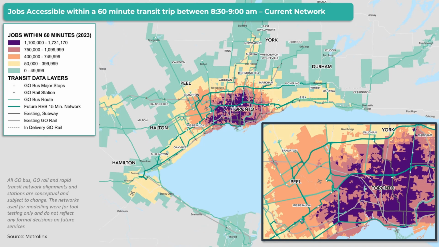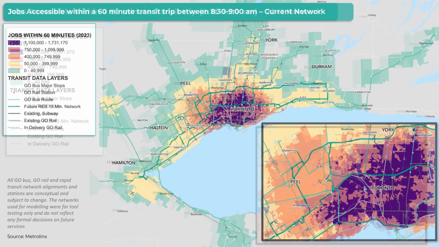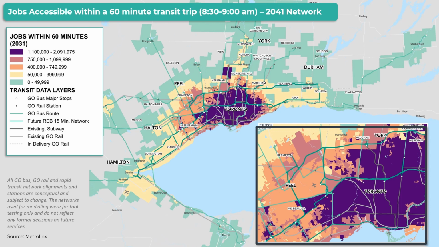As we move forward to the 2041 network, the same analysis is conducted on existing demographics. The only thing that we've changed here is the network itself. By 2041, as we know, major projects such as Eglinton Crosstown, Eglinton West, Finch West, Ontario Line, the Yonge North Subway Extension, Huron-Ontario LRT, and GO Expansion will significantly expand the accessibility shed of public transit.